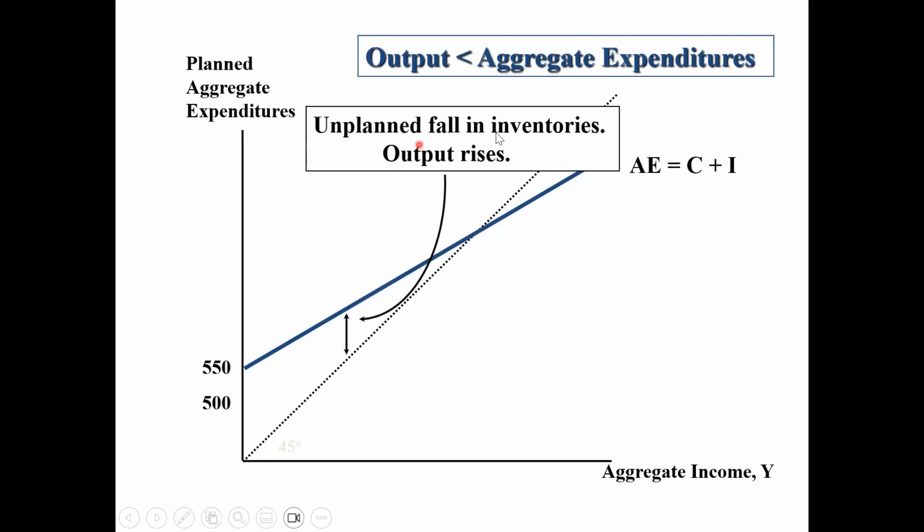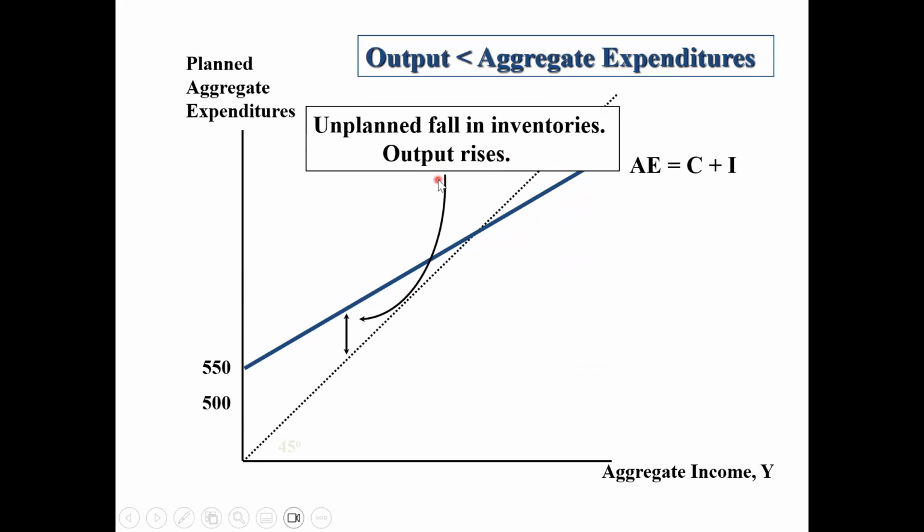Here we have an unplanned fall in inventories, output rises. Here the aggregate expenditure, which is C plus I, is larger than the output, which will lead to an unplanned fall in inventories, so output rises.